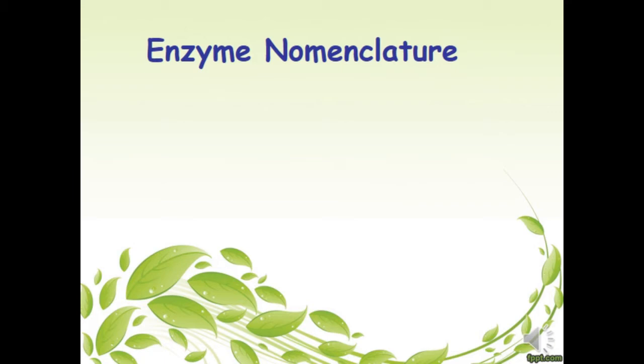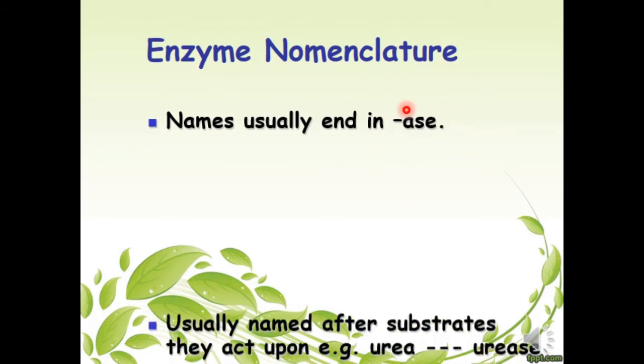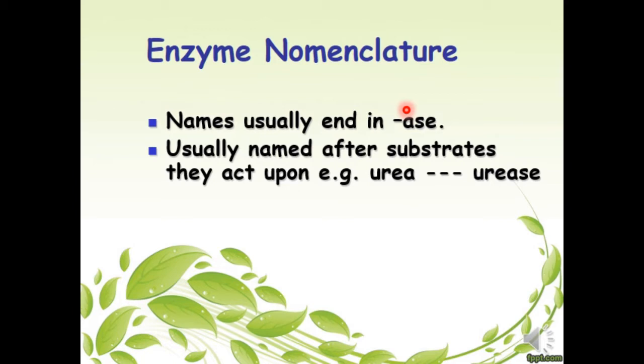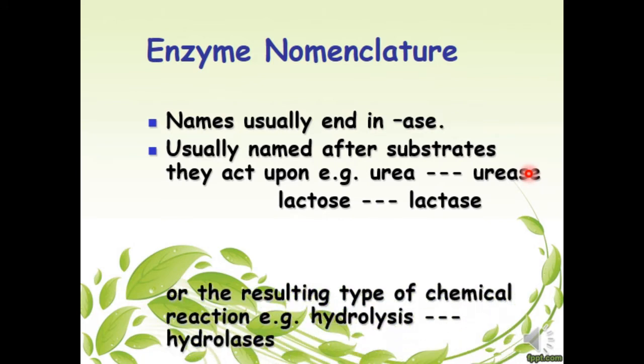Next, we move on to the naming of enzyme. Normally the enzyme name ends in -ase. If you see names that end with -ase, those are categorized as enzymes. And the name of the enzyme will follow its substrate. For example, if the substrate is urea, then the name of the enzyme would be urease. If the substrate is lactose, the enzyme is lactase.